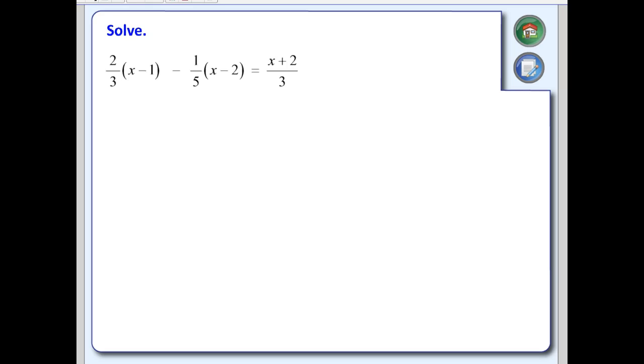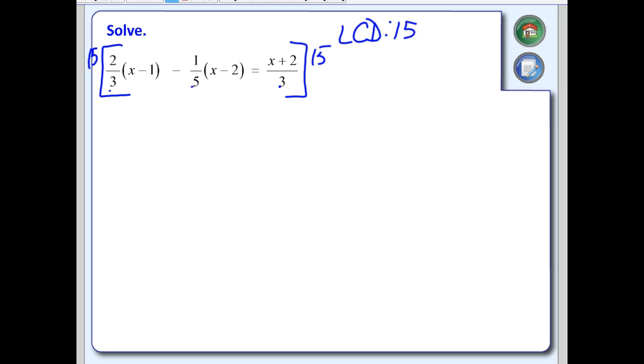So let's look. What's our denominators? Our denominators are 3, 5, and 3. So if you had 3 and 5, what would you choose to be your LCD? Yeah, pretty easy. That would be 15. So we're going to multiply everything by 15. Okay, so here we go.